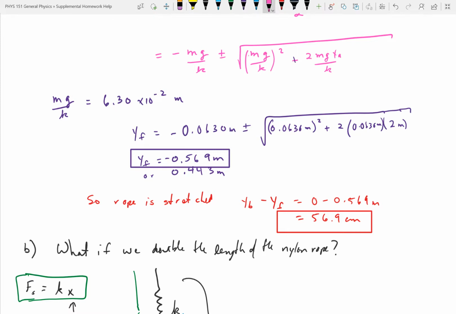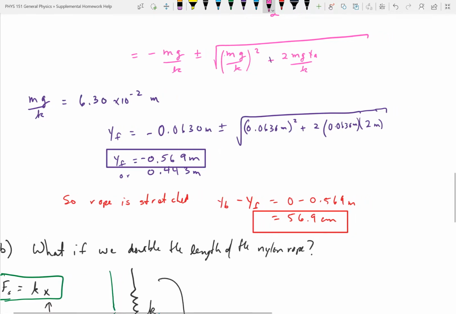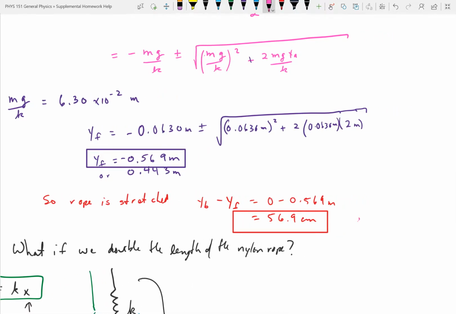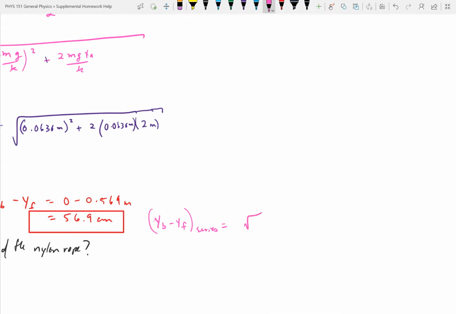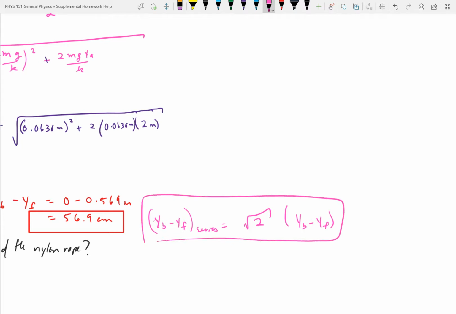You're just going to have the answer for this is equal to square root of 2 times, right, so this is going to be our repeat answer.